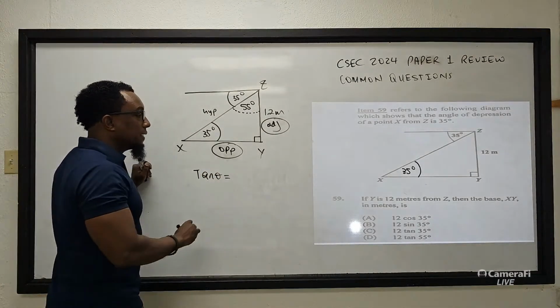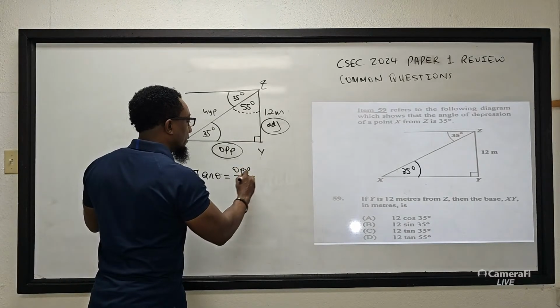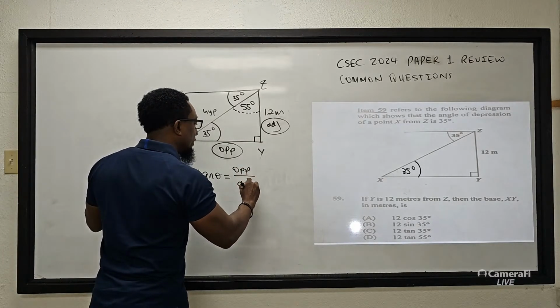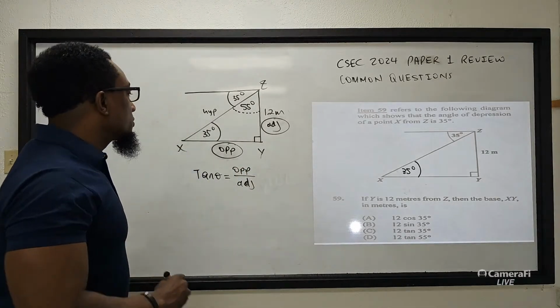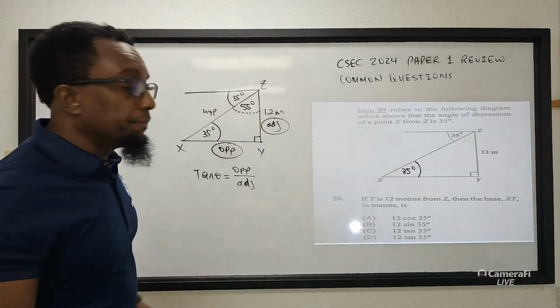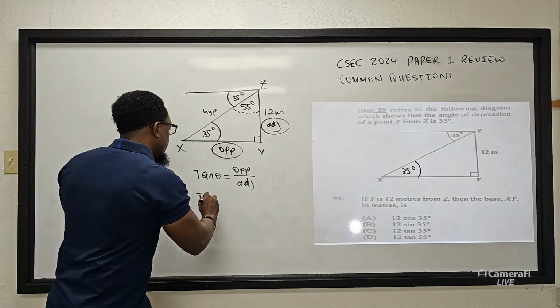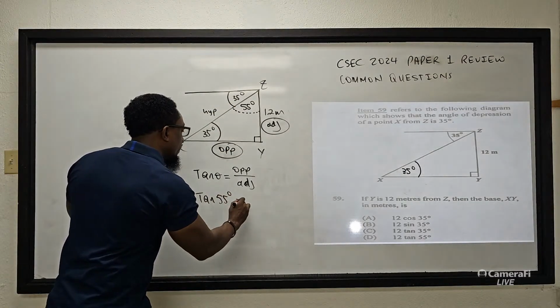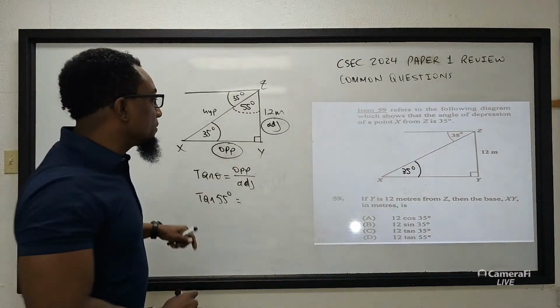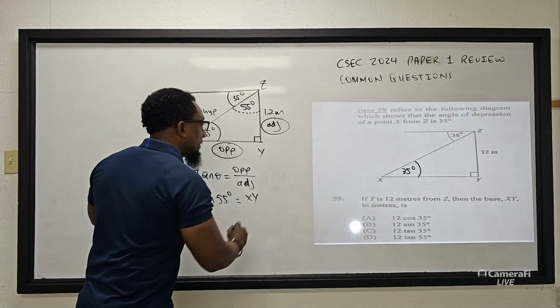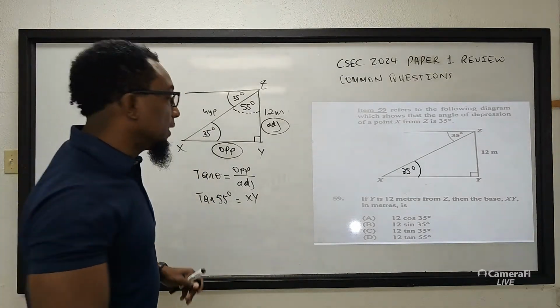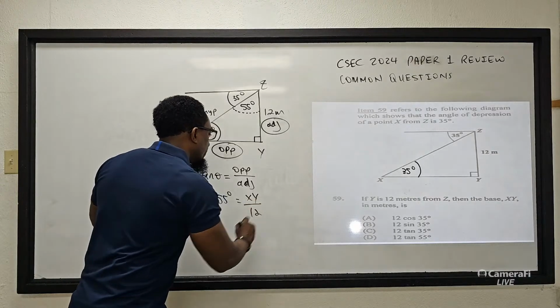So tan theta is equal to side opposite all over side adjacent. So I'm going to replace theta with 55 degrees. Tan 55 degrees is equal to my side opposite, which is xy, which is what you have to find, over the adjacent, which is 12.